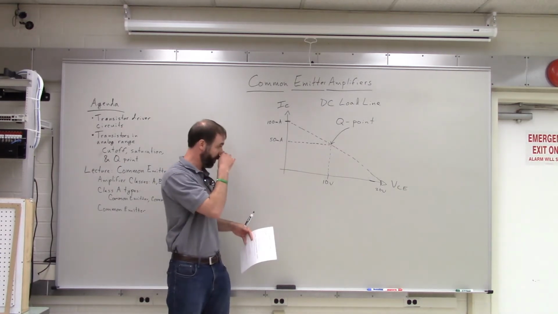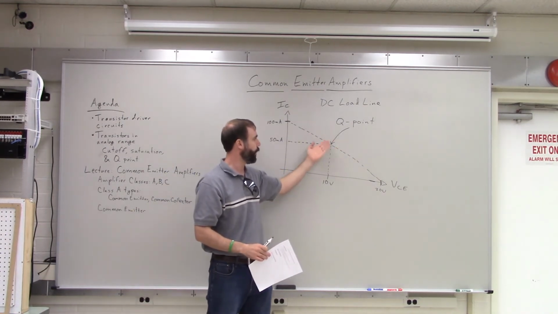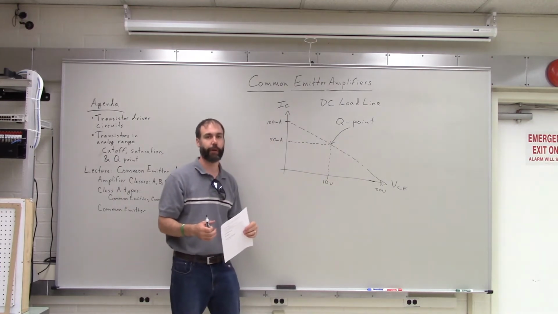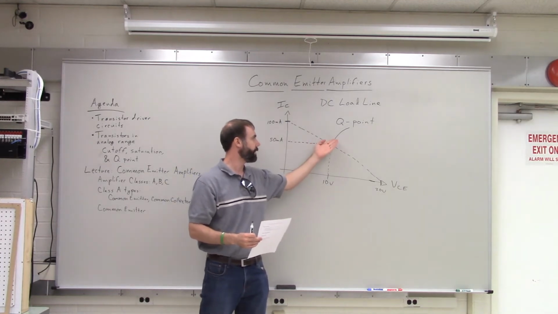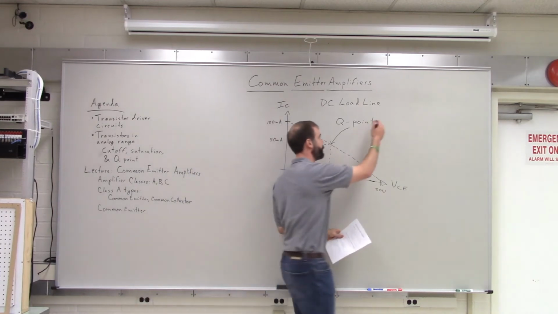So you tune the circuit, and you can actually set this Q point when you are building various types of amplifiers. And so for Class A amplifiers, the Q point is right in the middle.